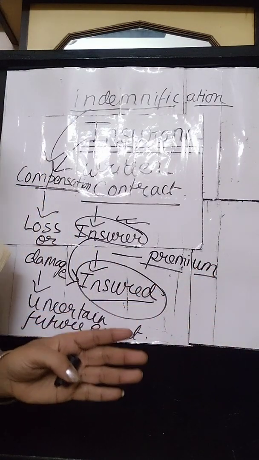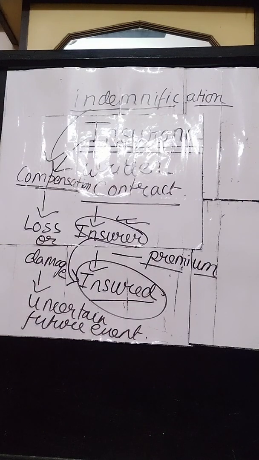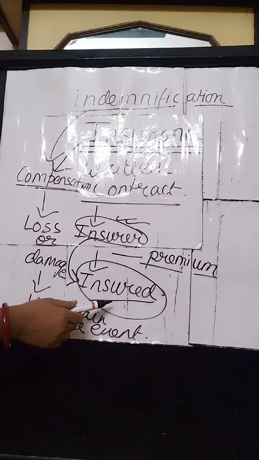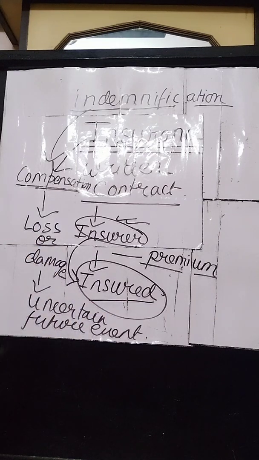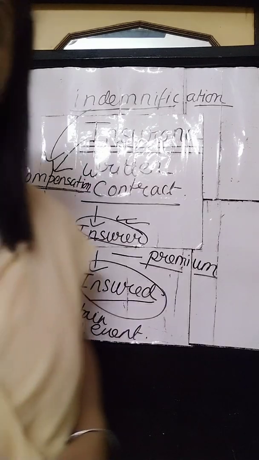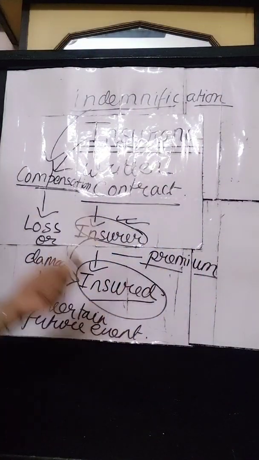So it is a written contract whereby one party agrees to pay a certain sum to the other party for the damage or loss suffered due to any uncertain event. So this is what we call insurance.